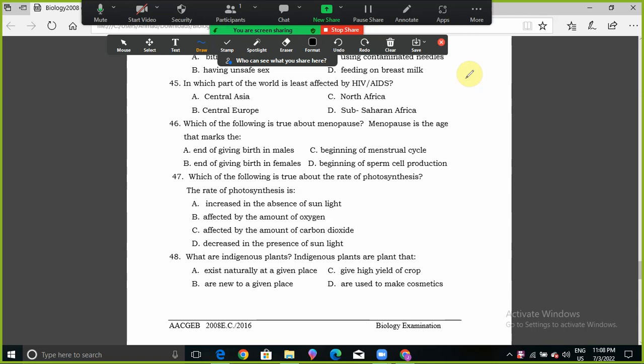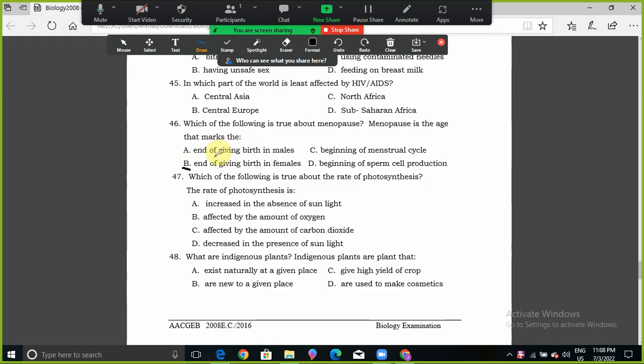Menopause is the age that marks the end of giving birth in males, end of giving birth in females, beginning of menstrual cycle, or beginning of sperm cell production. The answer is B, end of giving birth in females, right? Because menopause is the age that marks that menstruation will not come to older females, like the end of giving birth in females.